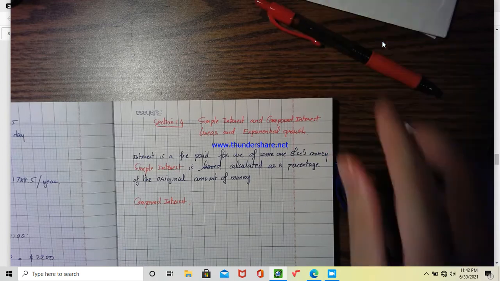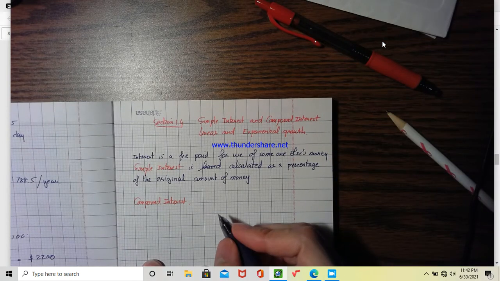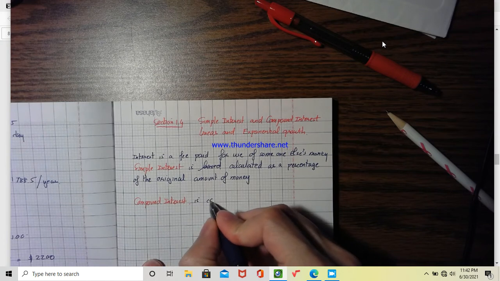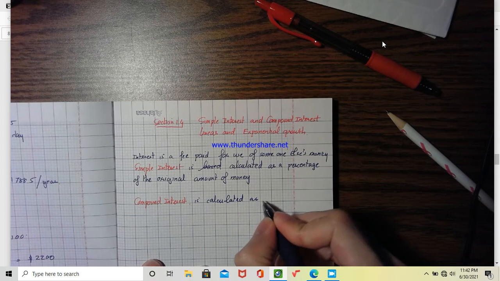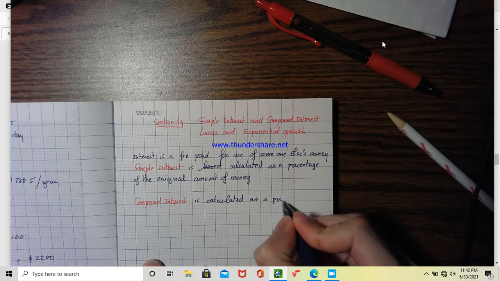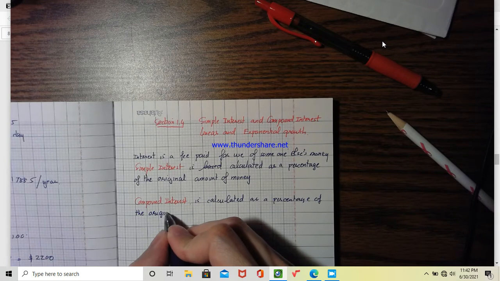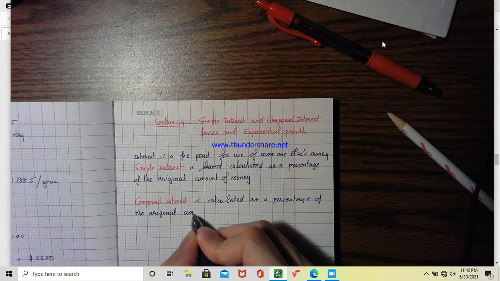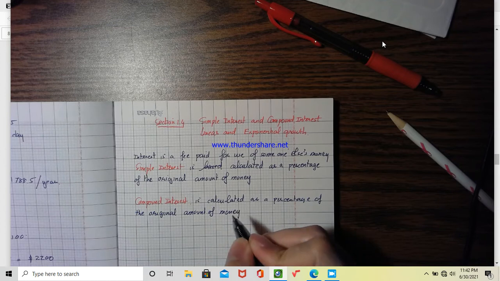So compound interest is the interest calculated as a percentage of the original amount of money. And so this is kind of the same, right?